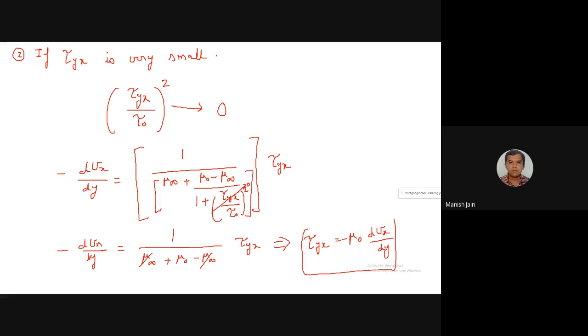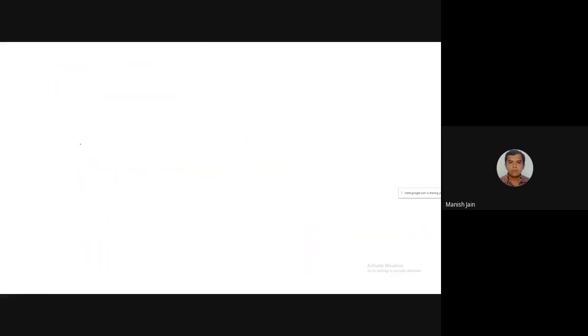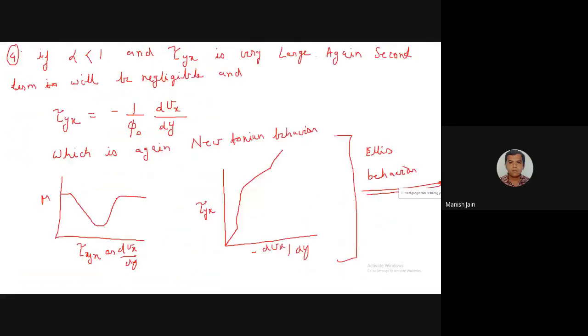Okay, so this is again Newton's law of viscosity, where the viscosity is mu naught. So the Reiner-Philippoff model shows Newtonian behavior at very low shear stress and at very high shear stress, but the viscosity values are different. This is the basic difference between the Reiner-Philippoff model and the Ellis model.